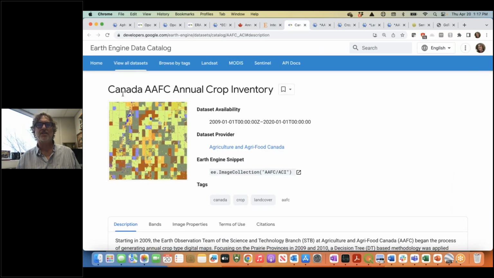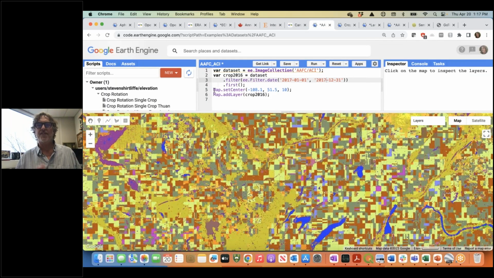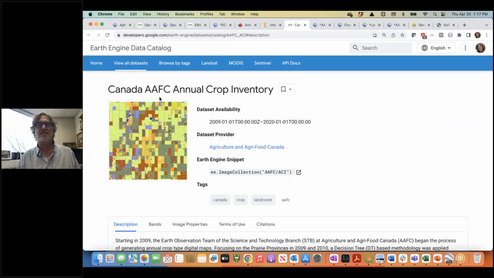The Google Earth Engine is a cloud repository, and maybe I'll click to the basis of it. This is the home base of the Google Earth Engine. Through using some code, it allows you to access different data sets that are available. Here's one of the data sets, the Canada Annual Crop Inventory.